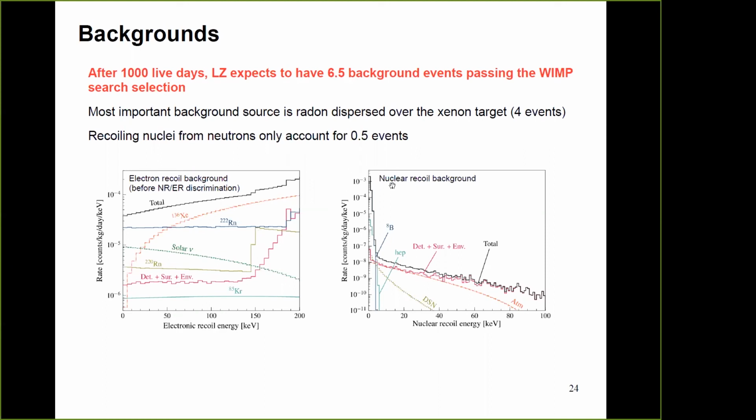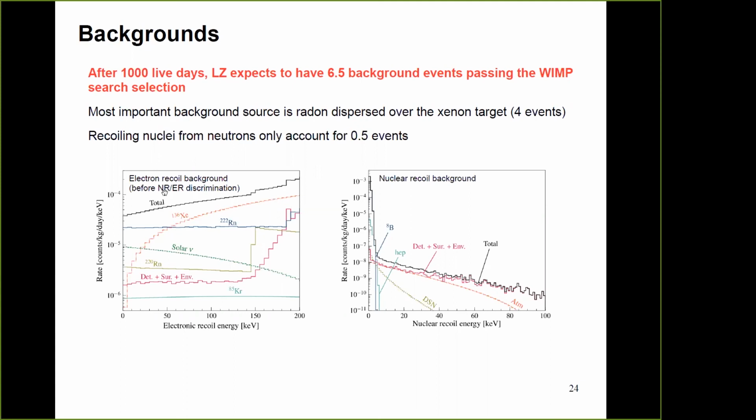As you can see, the background from nuclear recoils, which is caused mostly by neutrons and neutrinos, is lower than electron recoils, but the electron recoils, this is before discrimination. So once we discriminate, that decreases a lot.